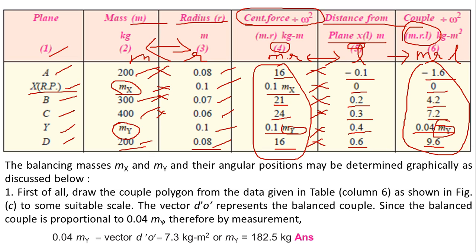You know the values are in this range, around 0 to around 10. So to take a convenient scale, I will not tell you exactly how much; according to the sheet you have, that much you can take. Now you have to take, one by one, the values of this couple polygon. Which direction? The direction which is already given.